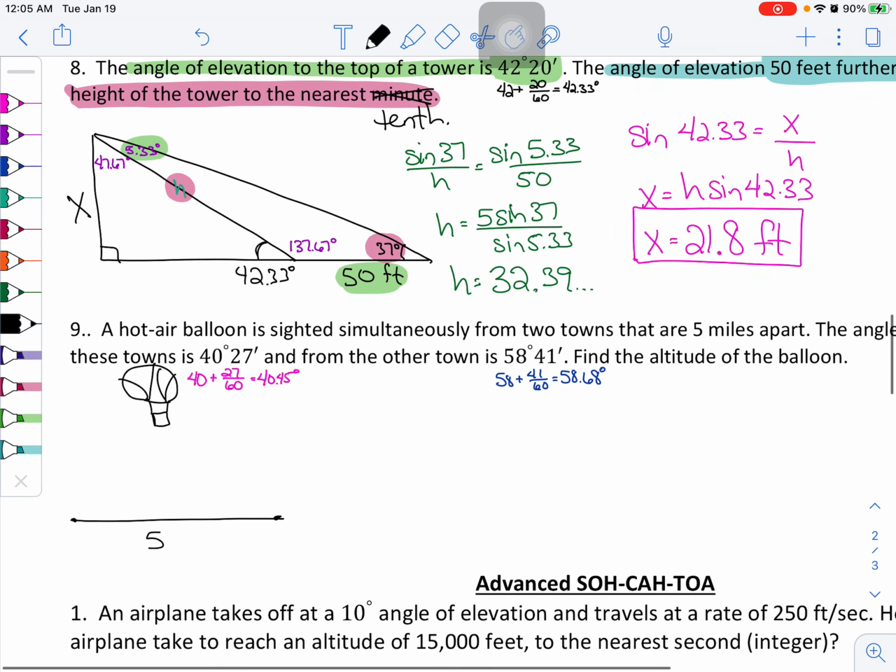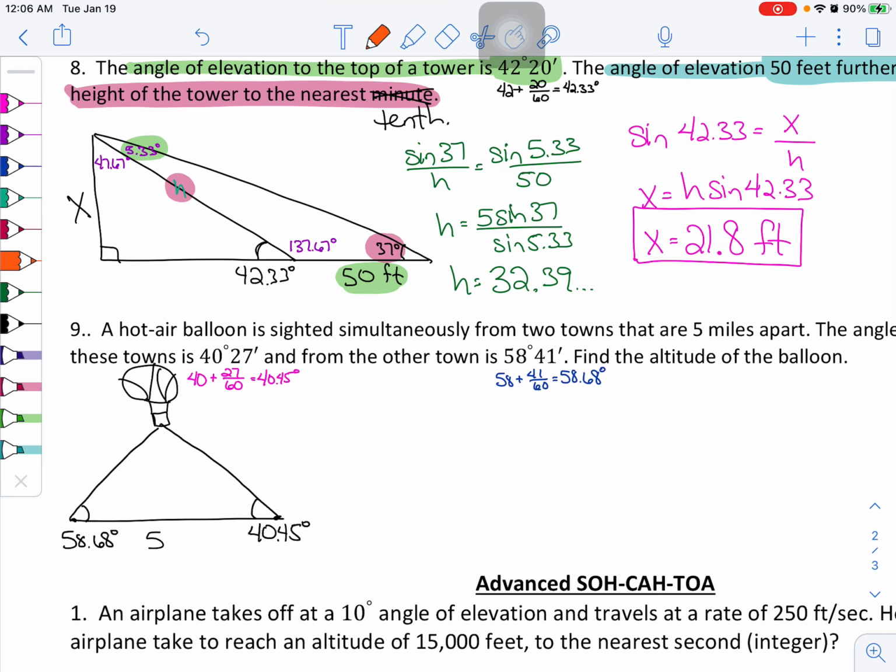The angle of elevation from one town to the hot air balloon is 40.45 degrees. Let me fix that 0 there. There we go. And the other town is 58.68 degrees. Find the altitude of the balloon.